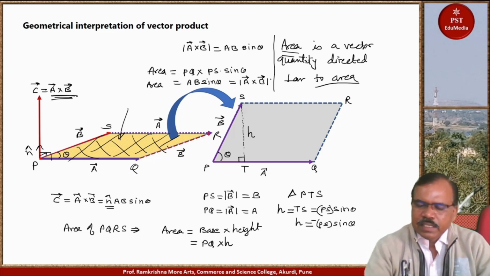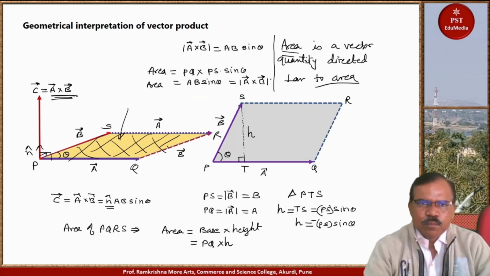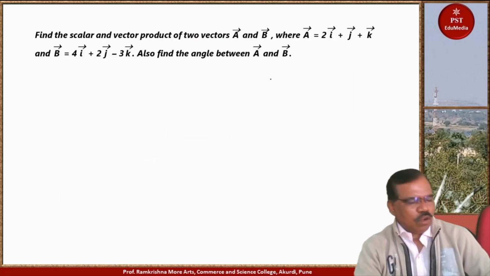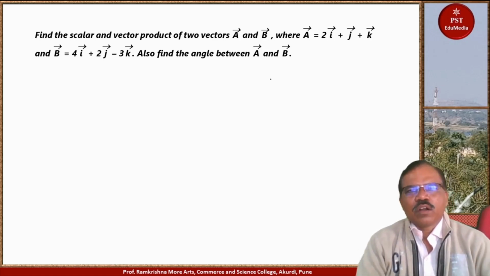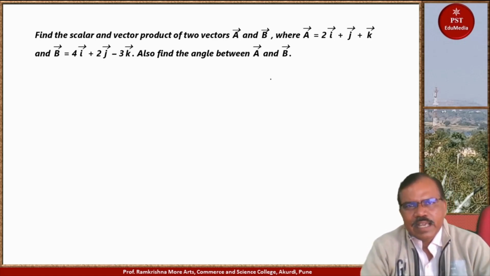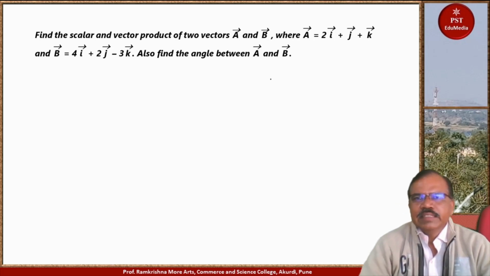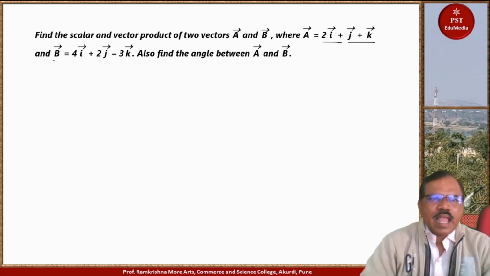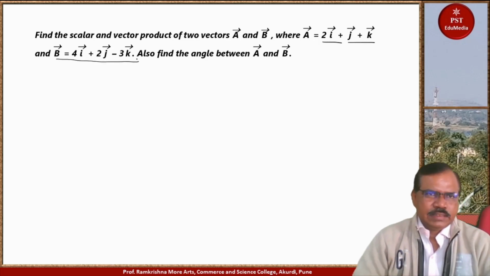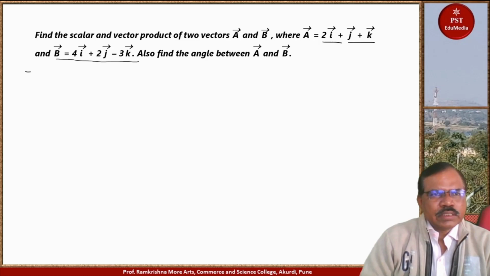Now we'll see one problem and then we'll stop. Find the scalar and vector product of two vectors A and B, where A is equal to 2i plus j plus k and B is equal to 4i plus 2j minus 3k. First we'll find the scalar product.